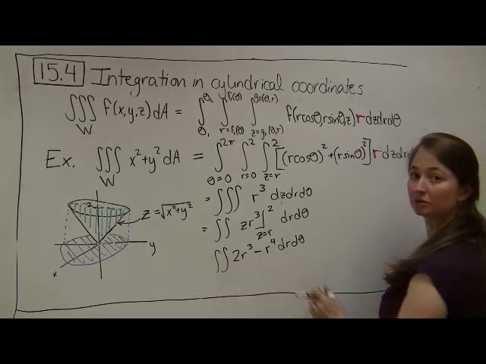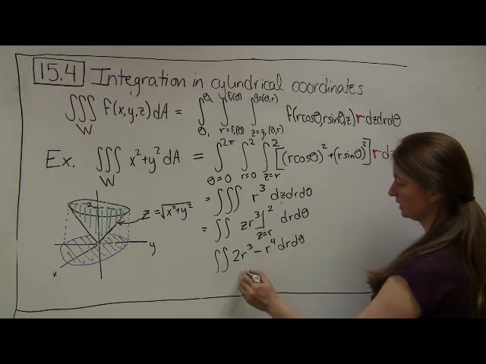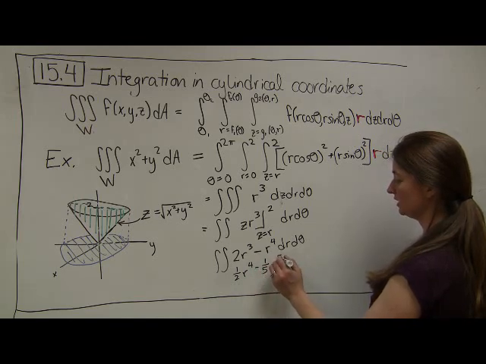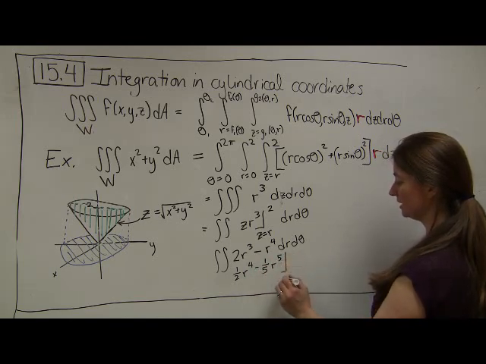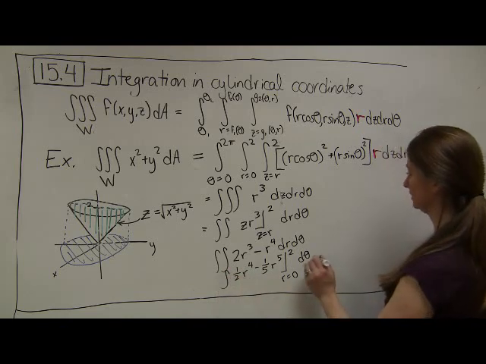I integrate this with respect to r, and I get 2 divided by 4, which is 1/2 r to the 4th minus 1/5 r to the 5th, evaluated from r equals 0 to 2, d theta.